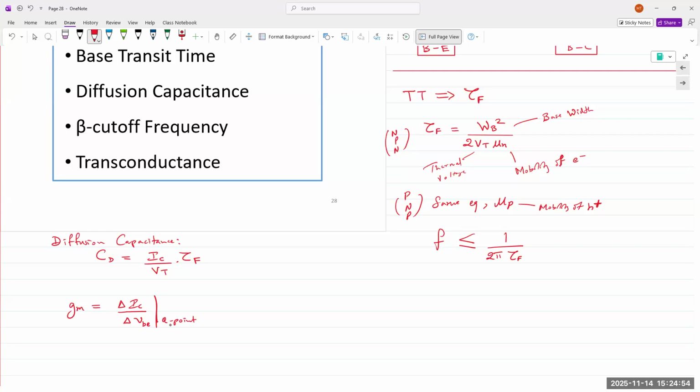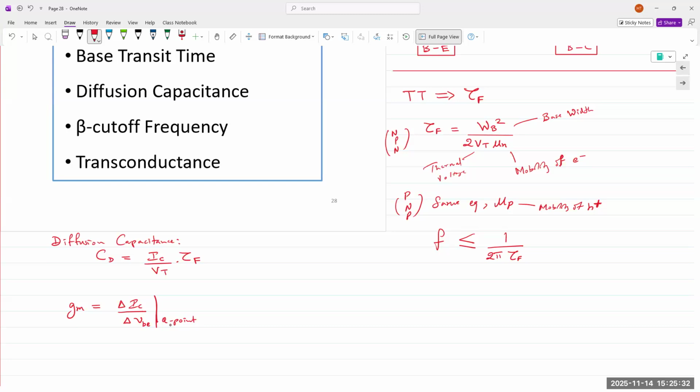And then beta cutoff frequency. Let's give it a pause. I'll wait for you all to catch up. All right, so we know about beta.